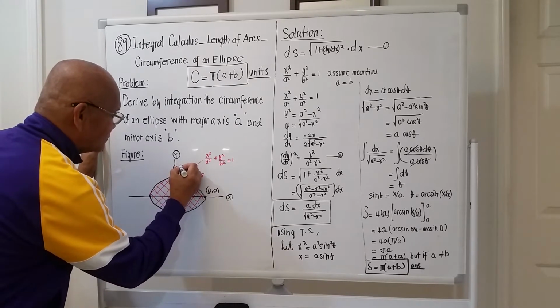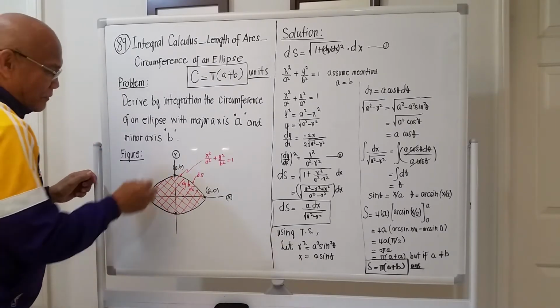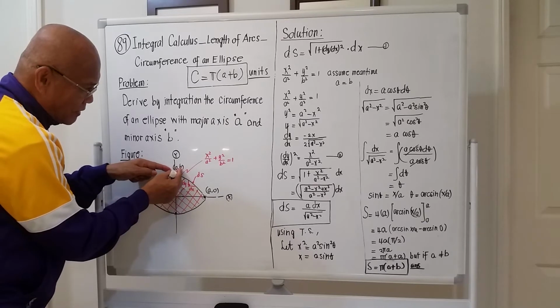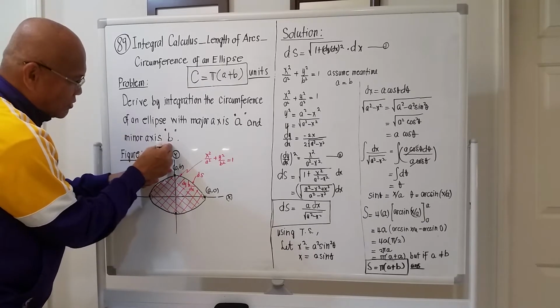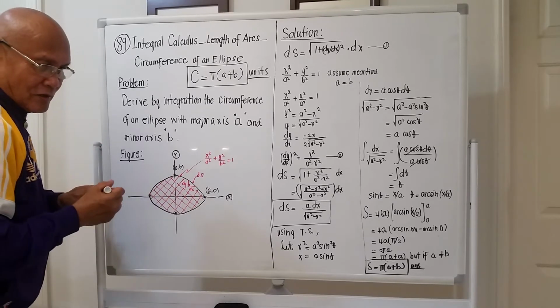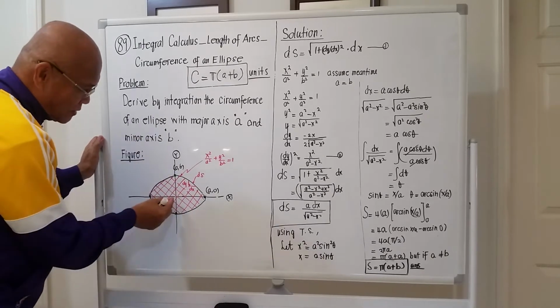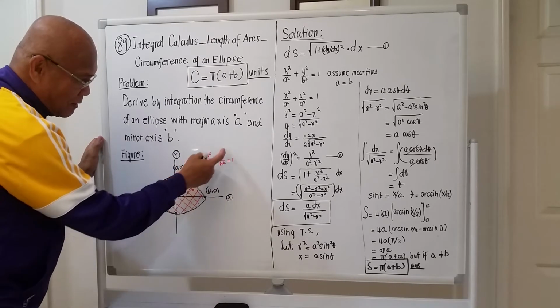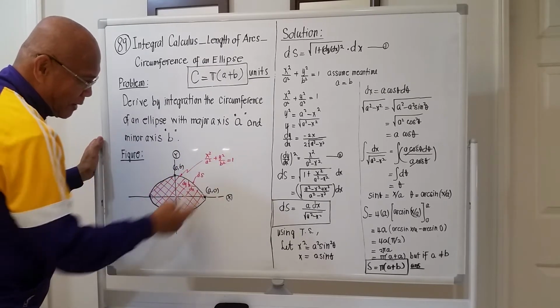Syntax error. Okay, abscissa is 0, ordinate will be small letter b, the minor axis b. And the equation of the ellipse, since the center of the ellipse is at (0, 0), will be x squared over a squared plus y squared over b squared equal to 1.